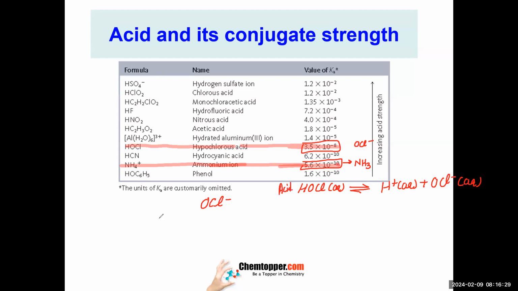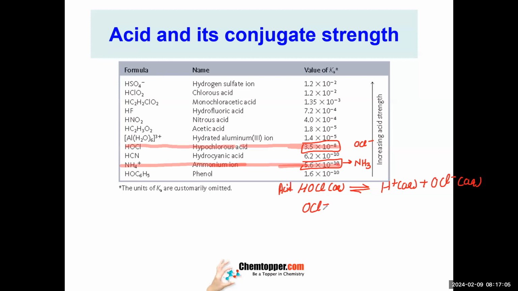If somebody asks you to write the equation for the base, the conjugate base, OCl minus, what will be the equation? We are learning how to write the equations, which is very important for calculation of pH, for acid-base titrations. This is the topic in unit 4, I think. I said that I'm going to discuss more in detail in unit 8. So that topic, few more topics which we left just because of the pH and dissolution.